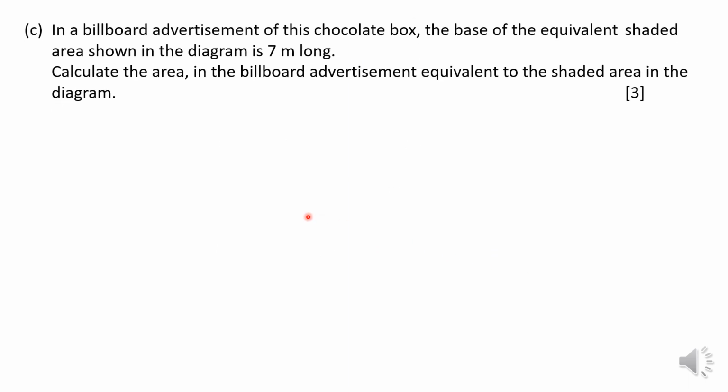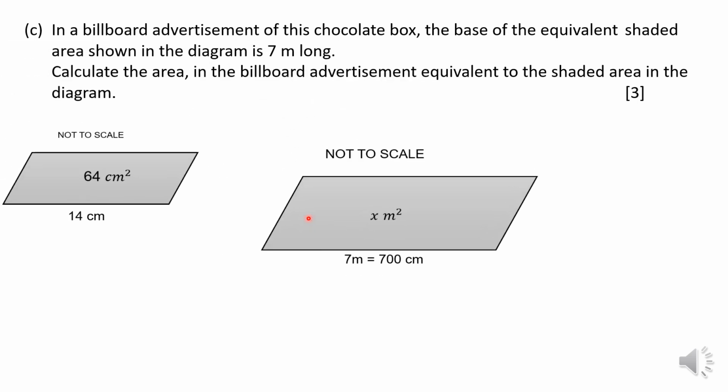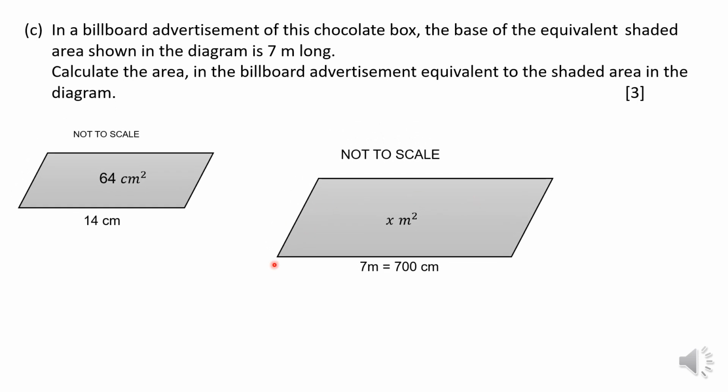Now, this question had a C part, and it says that in a billboard advertisement of this chocolate box, the base of the equivalent shaded area shown in the diagram is 7 meters long. So I just made a larger version. These things are not to scale. Imagine this is the billboard showing a chocolate box.